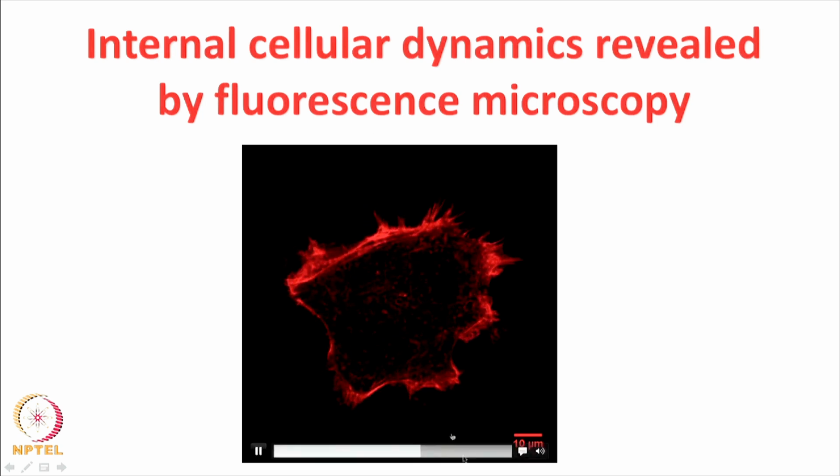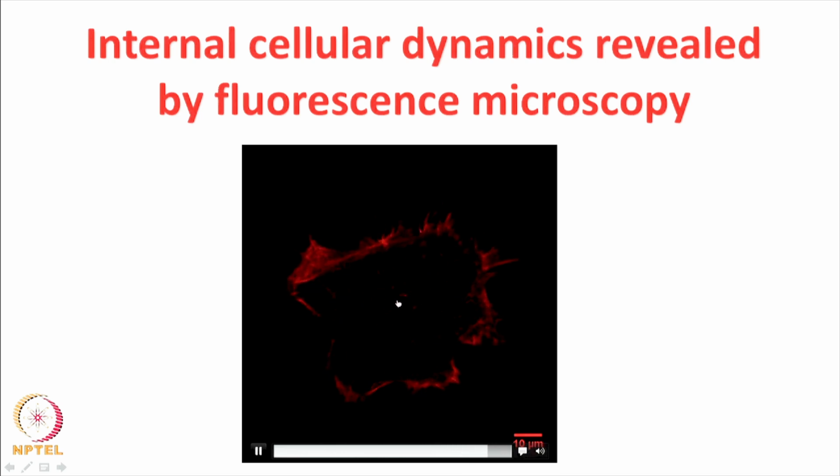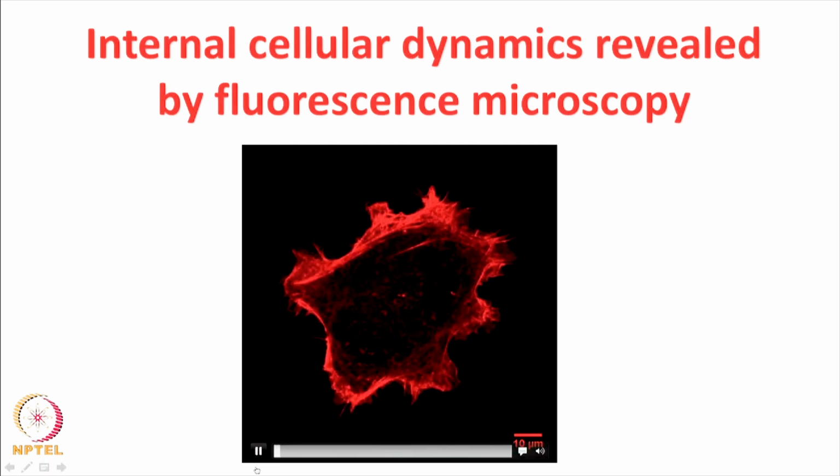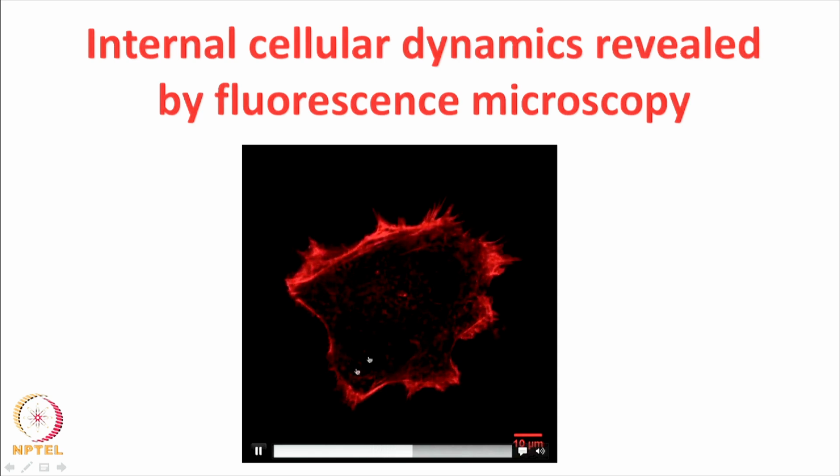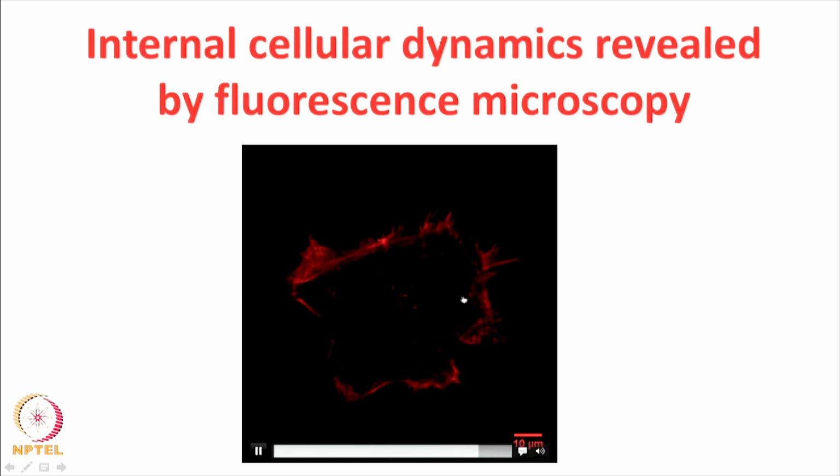This is a retraction event which you see. Overall, the centroid of the cell does not change much, but that still does not make the cell completely static. Dynamics is continuously going on. Even here you see some activity happening.